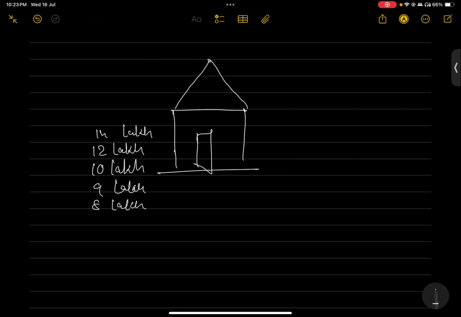As a tenant, I am paying 10,000 right now. Now, my analysis says the price of your house will go from 10 lakh to 12 lakh. So what will I do here?